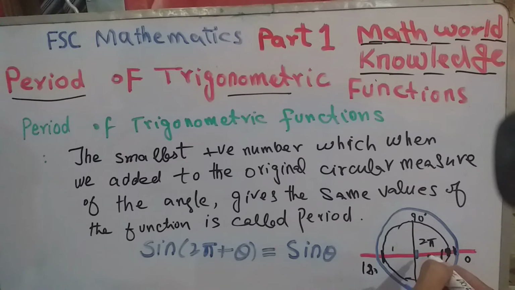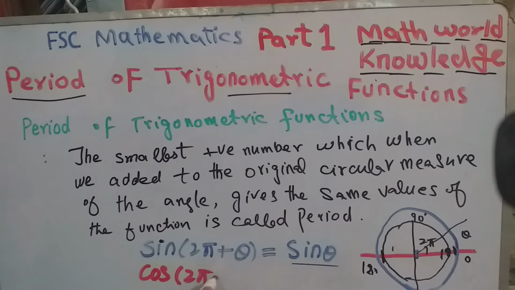If 2 pi is added to some angle theta, like 2 pi plus theta, it gives its original value sine theta. In this way, the period of sine function is 2 pi. Also, the same scenario can be used for the period of cos function. Cos of 2 pi plus theta, the answer is again cos theta.